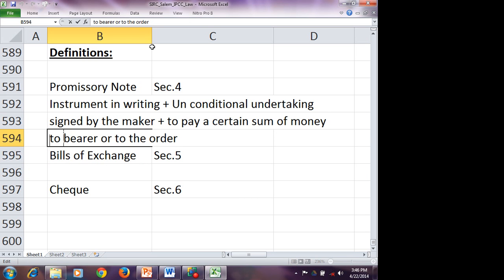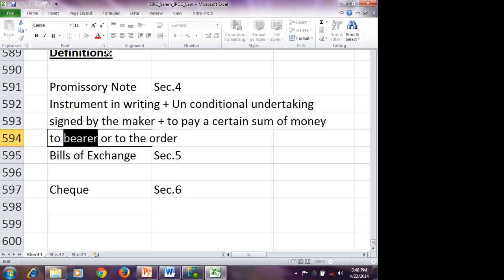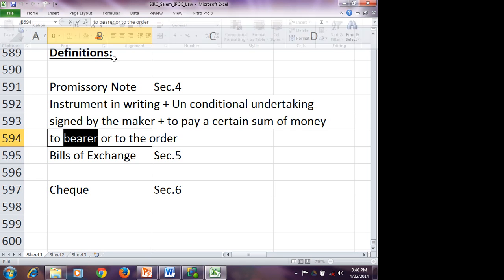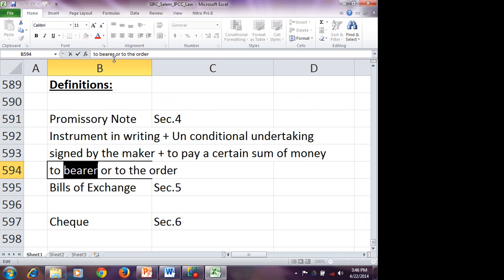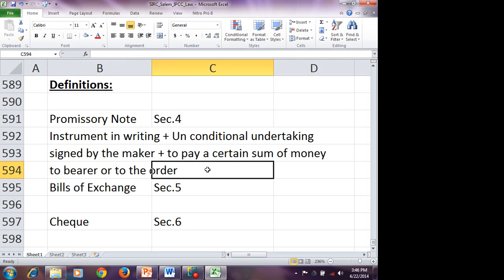But as per the RBI regulation, I told you, bearer is not allowed. Though the definition says yes, as per the RBI regulations, you cannot draw the instrument which is bearer. Only order is permitted.